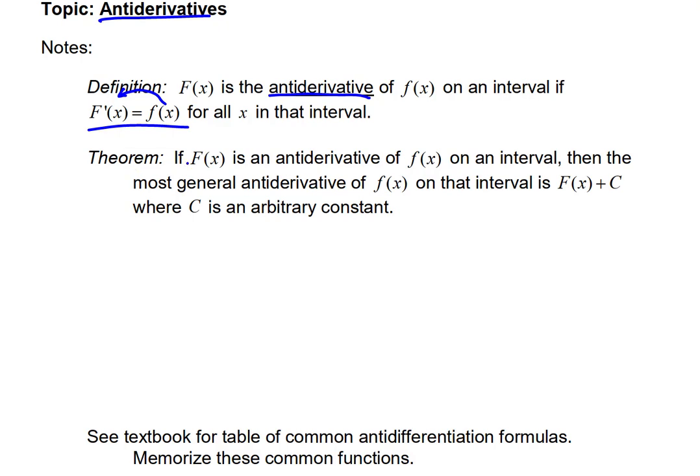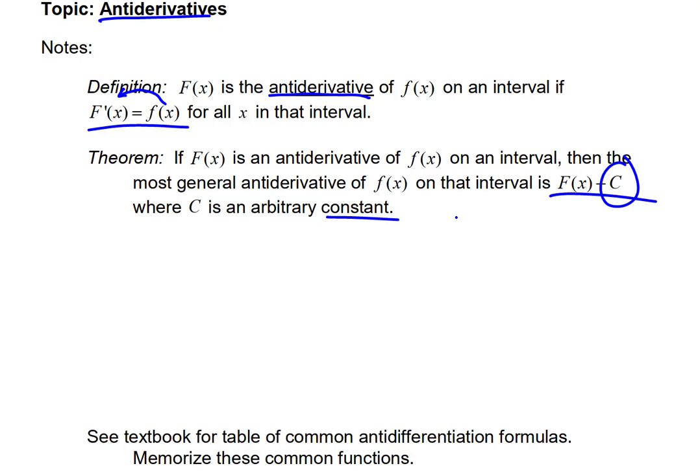First, a theorem. If capital F of x is an antiderivative of lowercase f of x on an interval, then the most general antiderivative of lowercase f of x on that interval is capital F of x plus c, where c is an arbitrary constant.